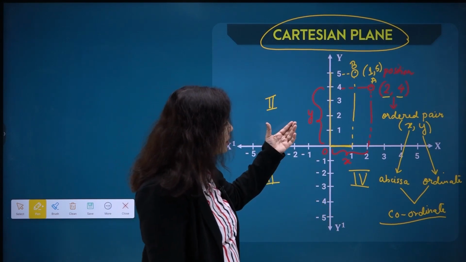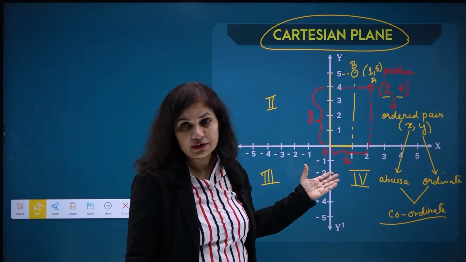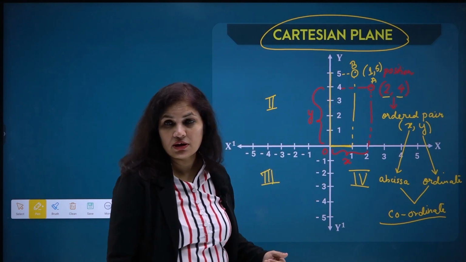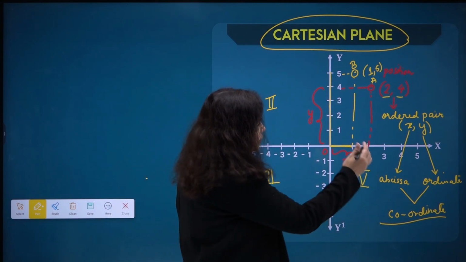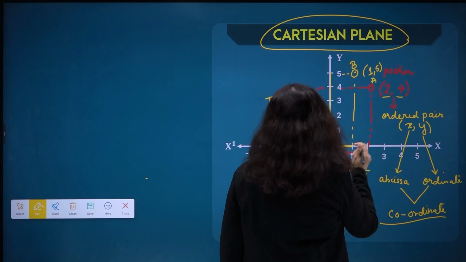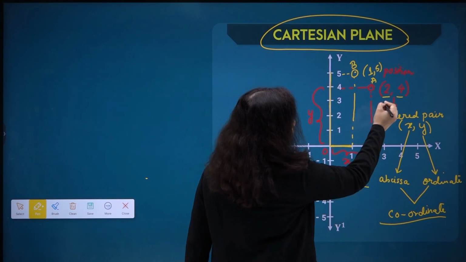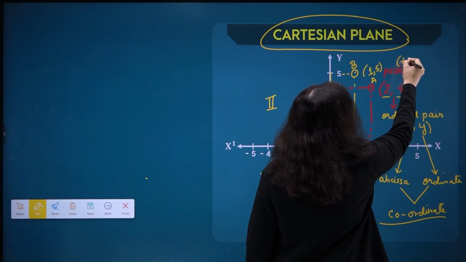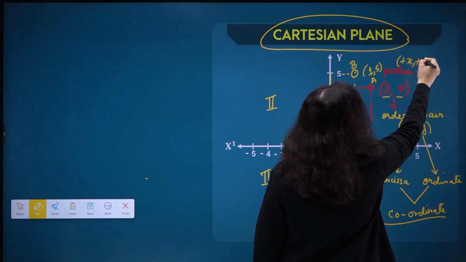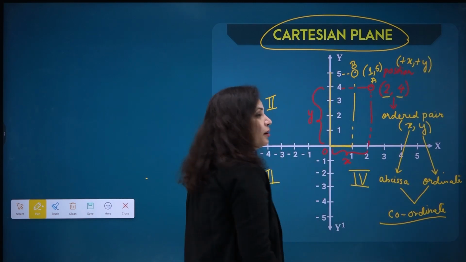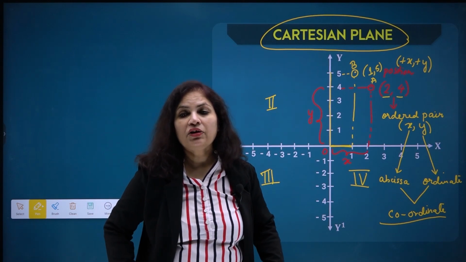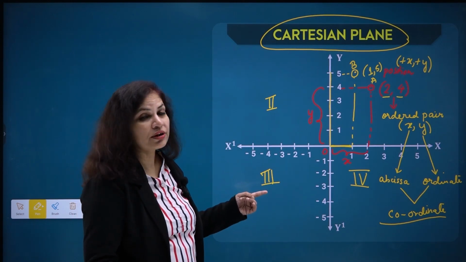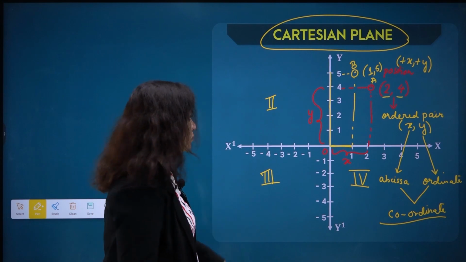But what is the peculiarity of all the points in this quadrant? In the first quadrant, I observe that the value of x as well as y both are positive. The value of abscissa as well as ordinate are positive in the first quadrant.